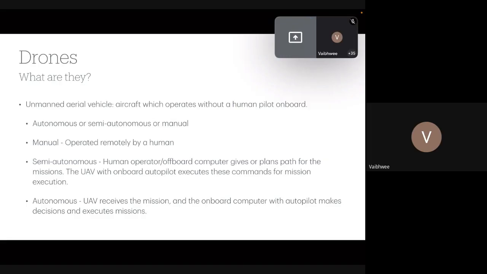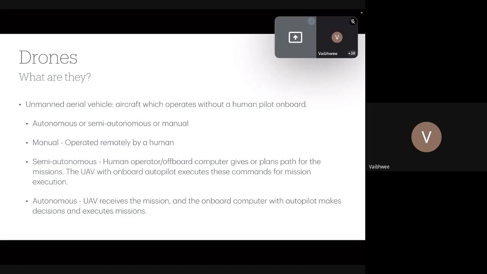Now why the specific name of drones came up is, it's a very old term which has come from the classification of bees. So with bees, you have a queen bee, worker bees, and I think there is also a classification called drones, which act on commands.